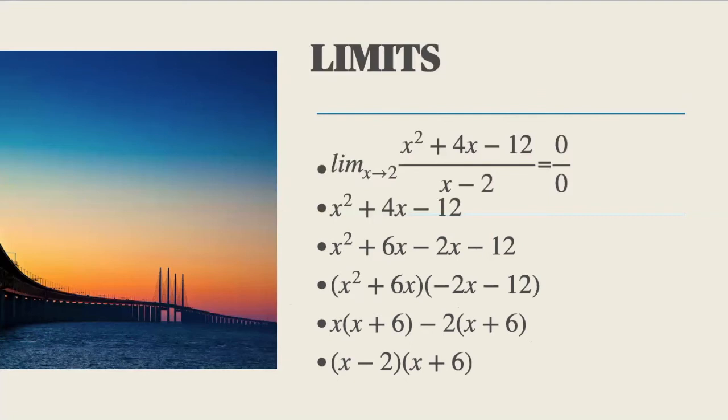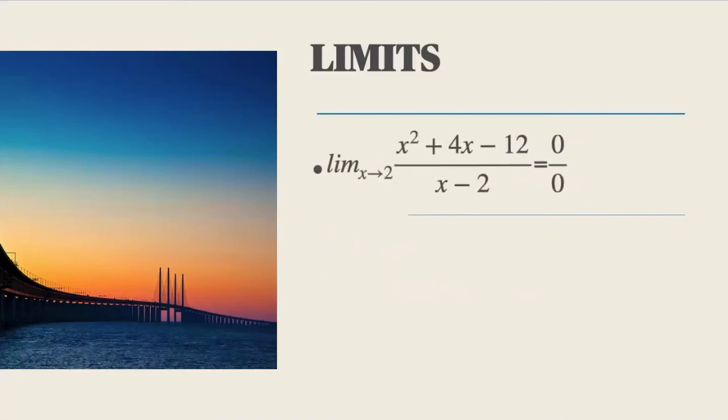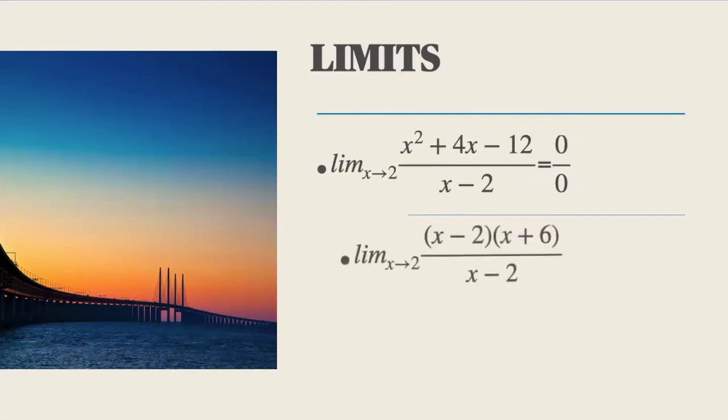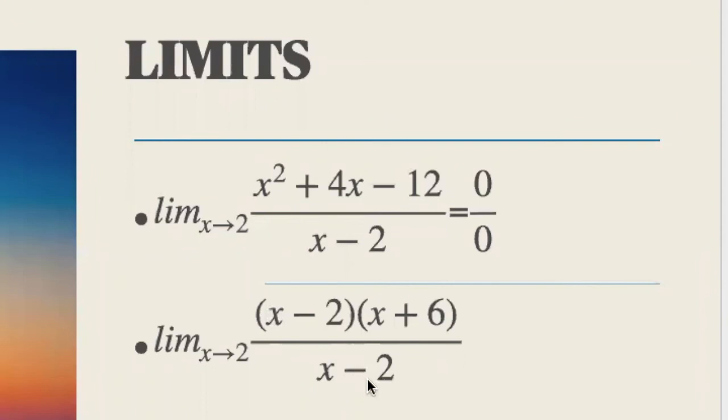Now, what are we going to do with this information? We are going to use this information to replace the numerator. So this numerator, which is the quadratic, I will be replacing. So now we have x minus 2 and x plus 6. Now you should realize that x minus 2 and this x minus 2, we can cancel.